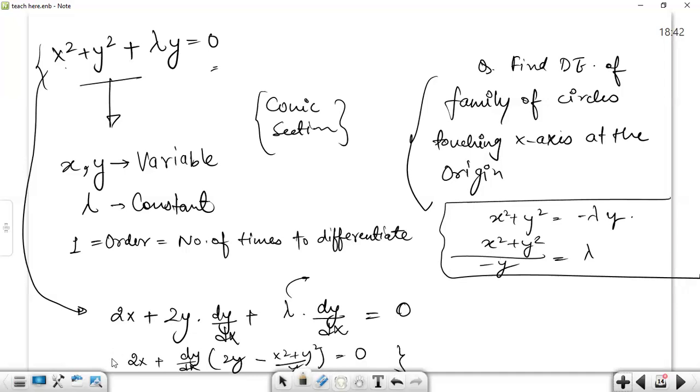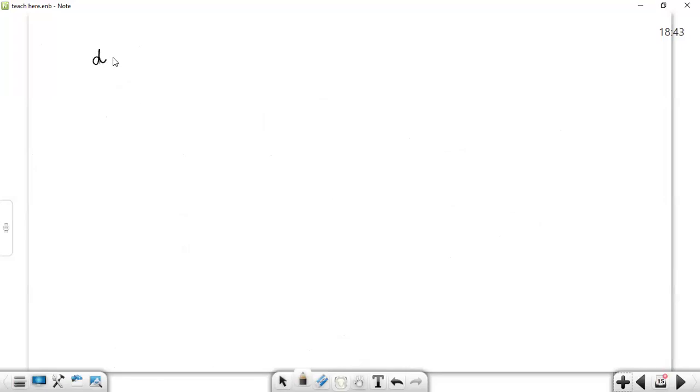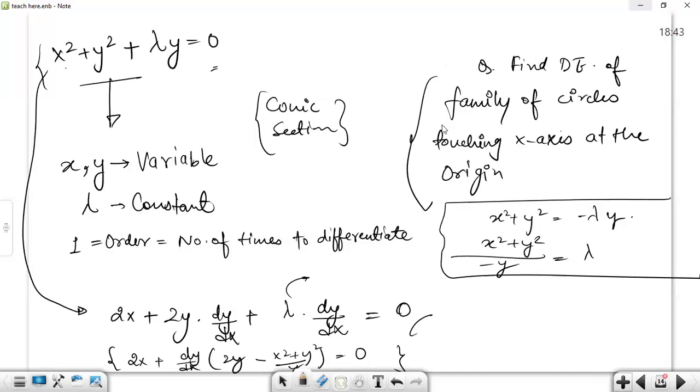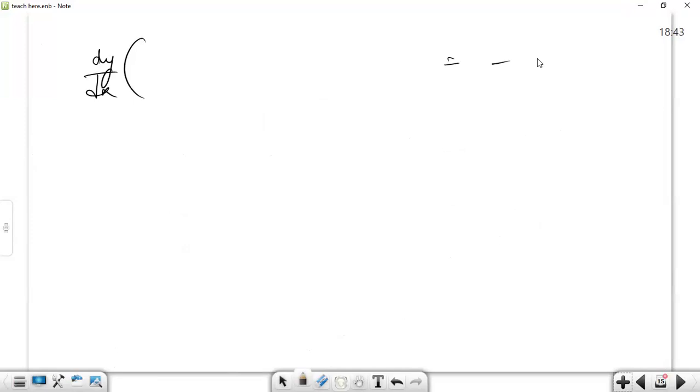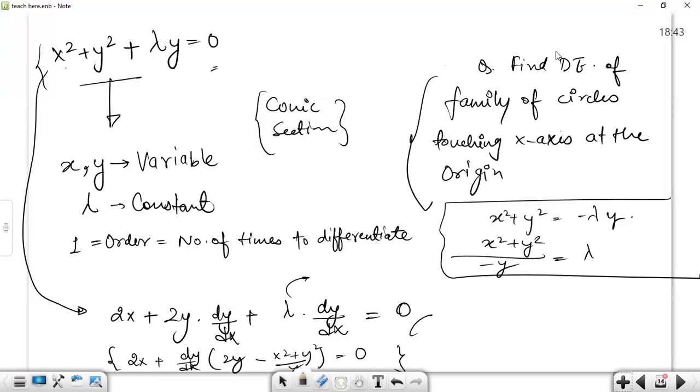So now we have a differential equation which is free from every arbitrary constant. We can also solve this further. dy by dx into, we have brought this 2x to the left hand side, minus of 2x.